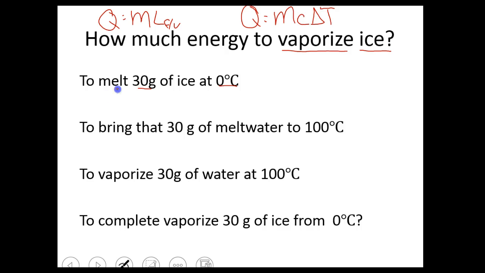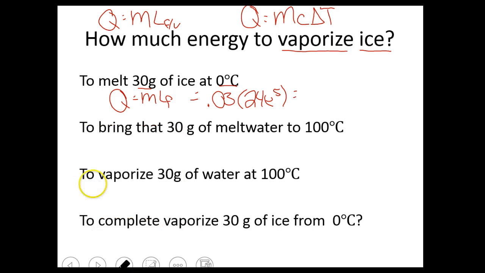So the heat to melt that, just melt the ice, we're going to use that ML, and then we're going to actually use the heat of fusion because we're melting. And so for us, it's going to be 0.03 kilograms of that times the heat of fusion for water. Oh, no, I'm sorry. Let me go back.